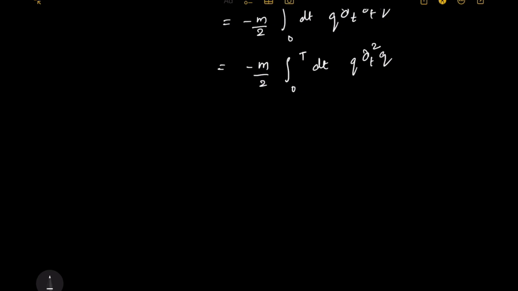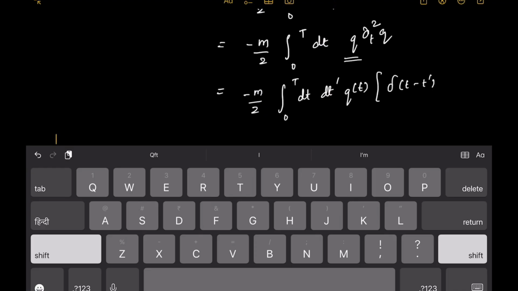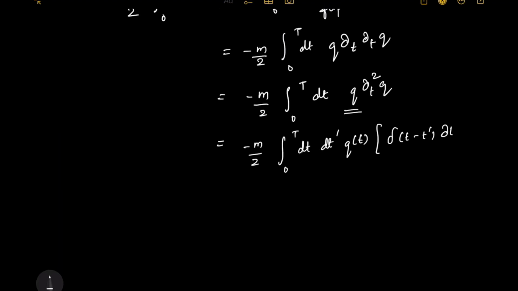In the next step I am going to introduce the delta function. So minus m/2 integral 0 to t dt. Now I have to introduce the delta function, so I am writing dt', then q of t as it is, then δ(t − t'), then the second derivative squared as it is, and q of t'.